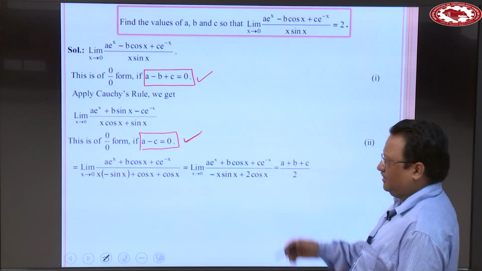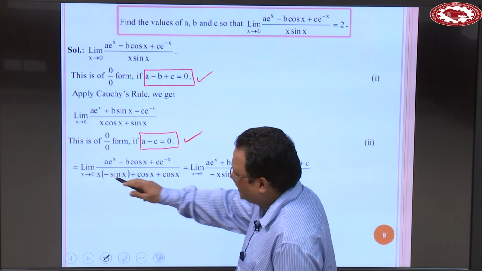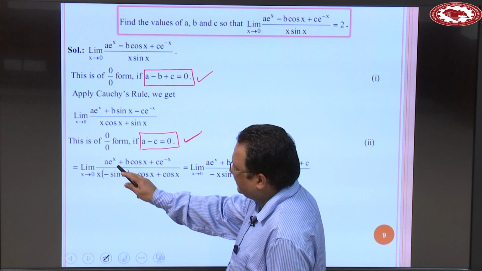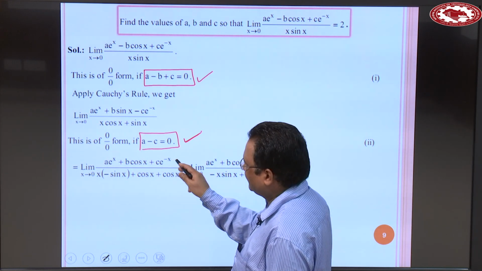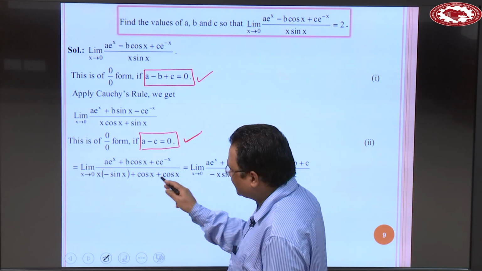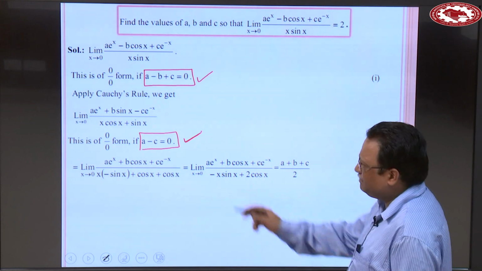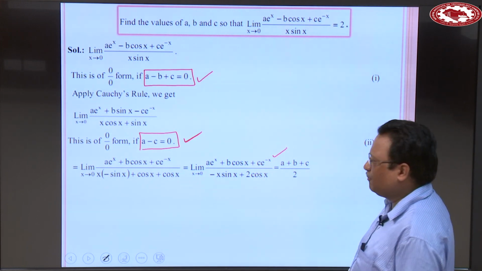Now apply L'Hospital rule here, because this is 0 over 0 form. The limit as x tends to 0 of a e raised to power x plus b cos x plus c e raised to power minus x, and the denominator is x times minus sin x plus cos x plus cos x. Now simplify this, and put x equal to 0.